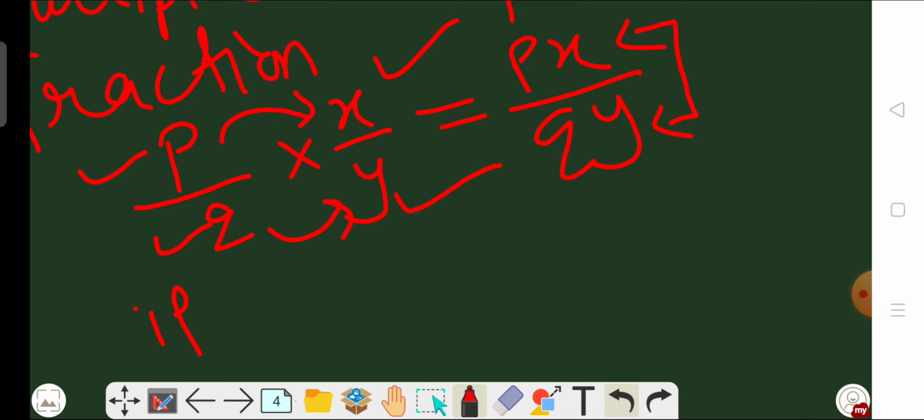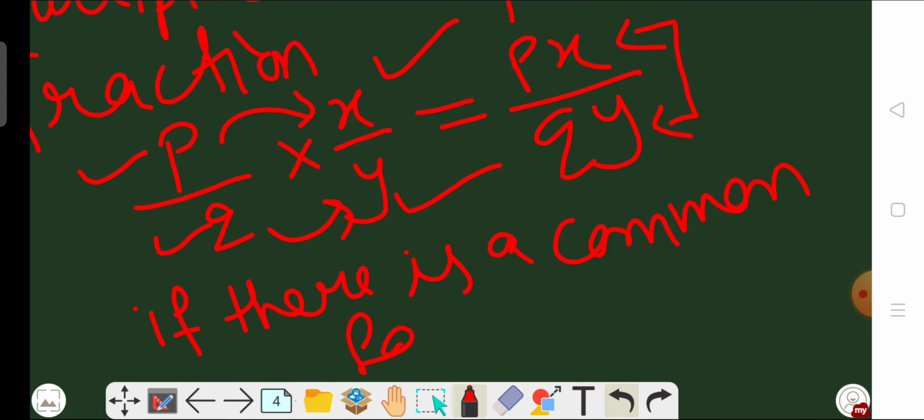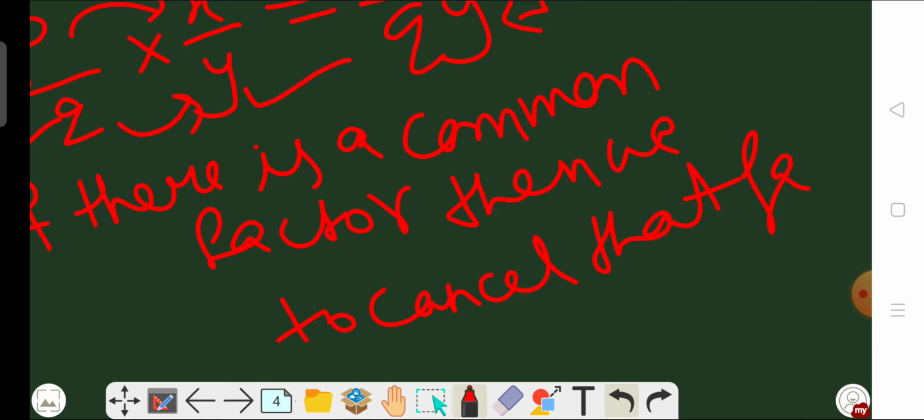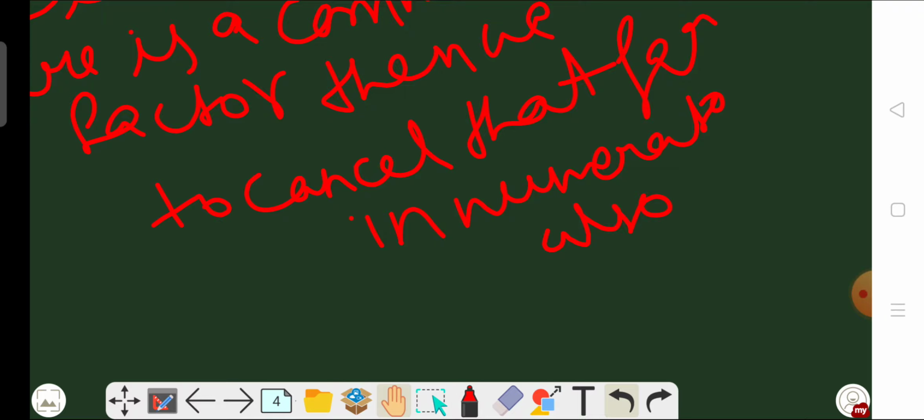If there is a common factor, then we have to cancel that factor in numerator and also in denominator.